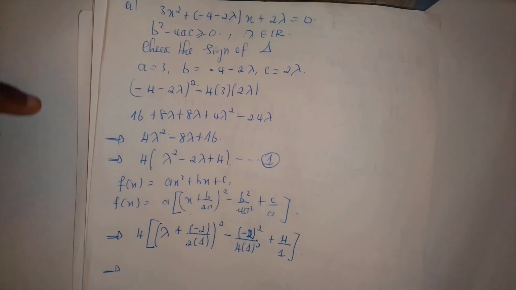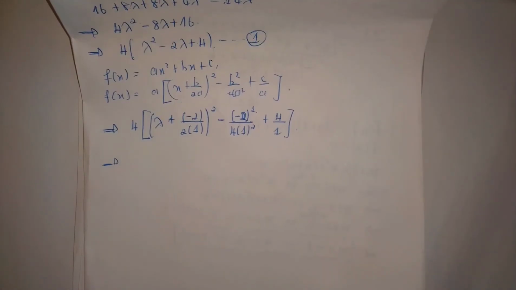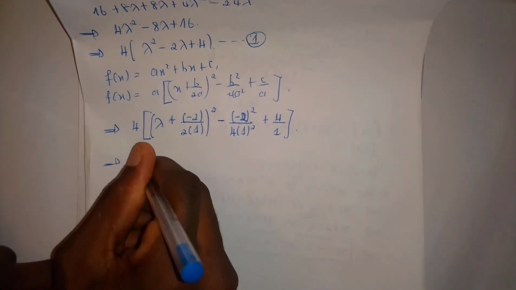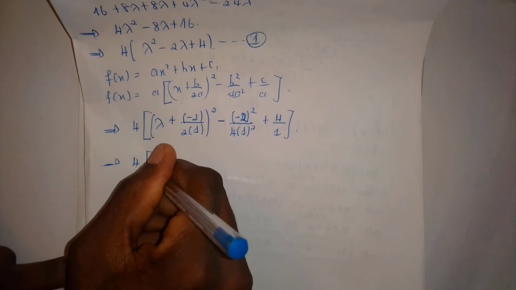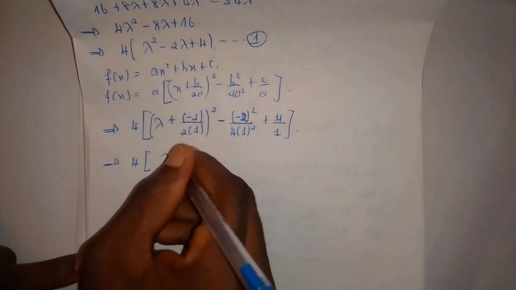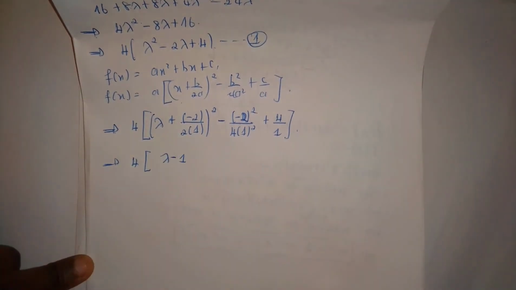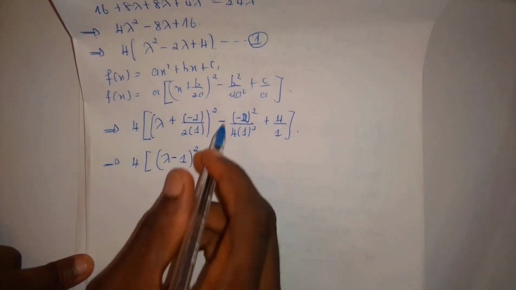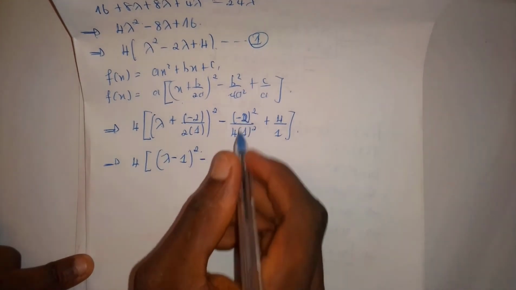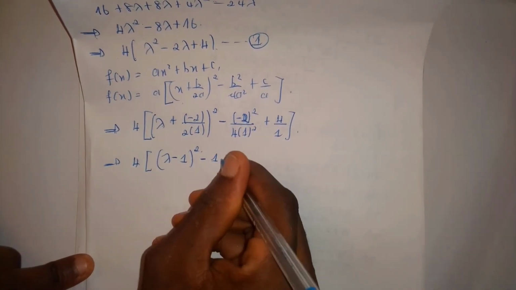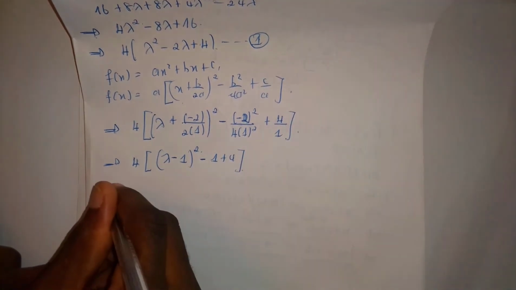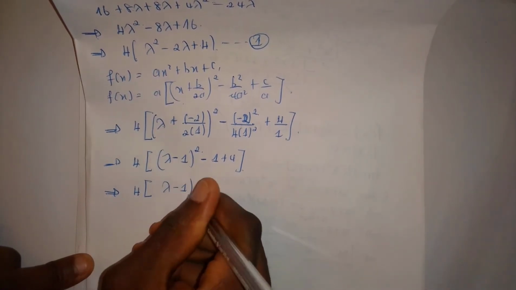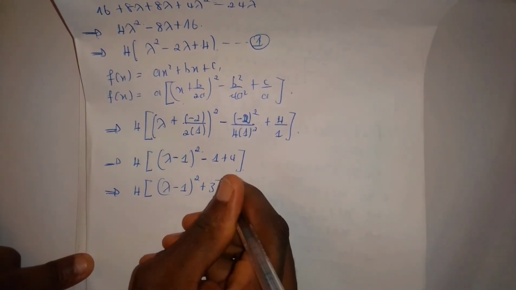So this simply gives us 4 into lambda minus 1, all of that squared, minus 4 over 4, which is 1, plus 4, and so from here we have 4 into lambda minus 1, all of that squared, plus 3.